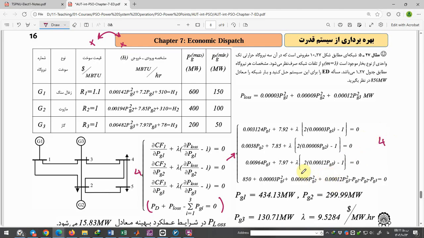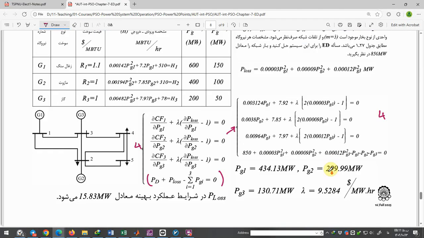After solving these four equations, we find that PG1 is 434 megawatt and is in range. PG2 is about 300 megawatt and is in range, and PG3 is 130 megawatt and is in range.